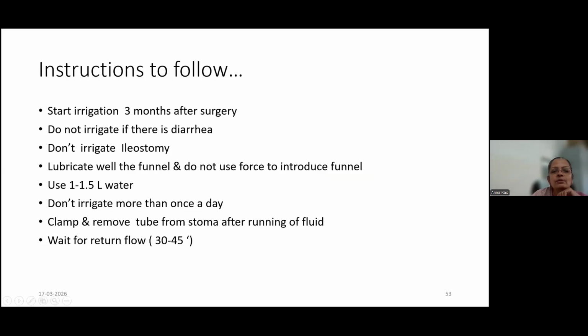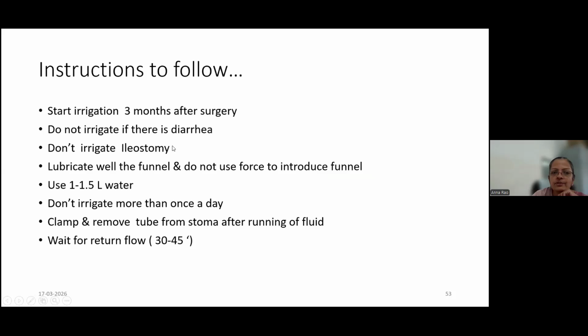So when to start irrigation? After the healing has taken place, generally after 3 months, it is started, and it will take around 21 days to regularize. Anything you make a habit takes 21 days. Do not irrigate when the patient is having diarrhea.